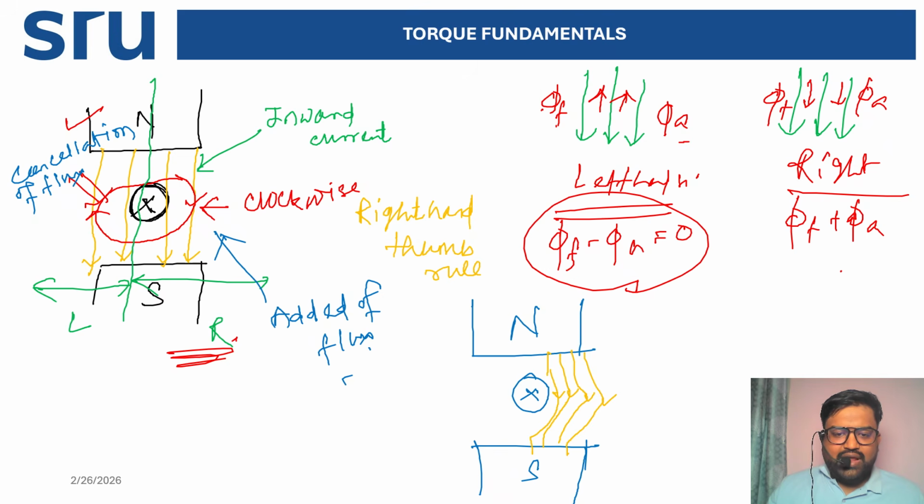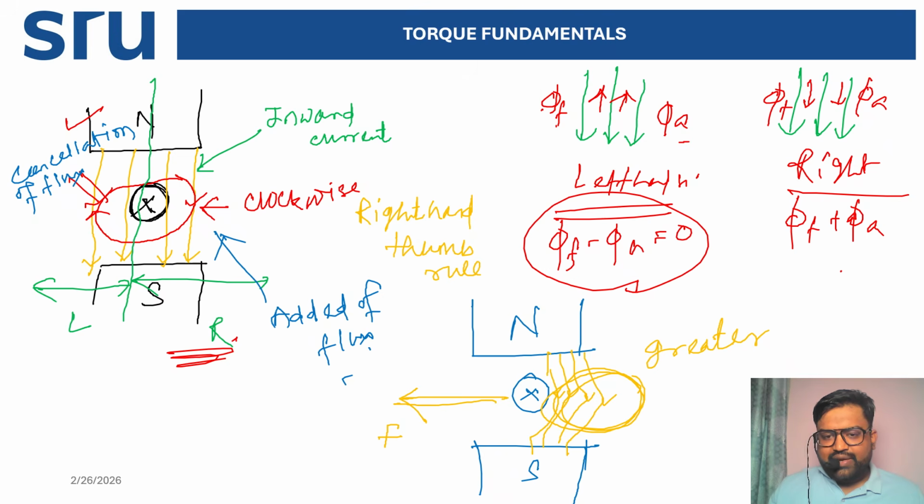Due to this, there is a much wider space where the armature can move. Since the accumulation of flux is greater on the right, the armature will move in this direction. It is a force.